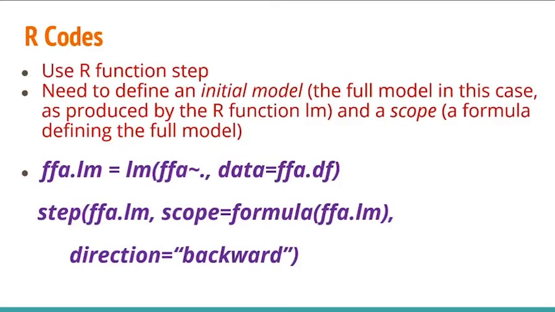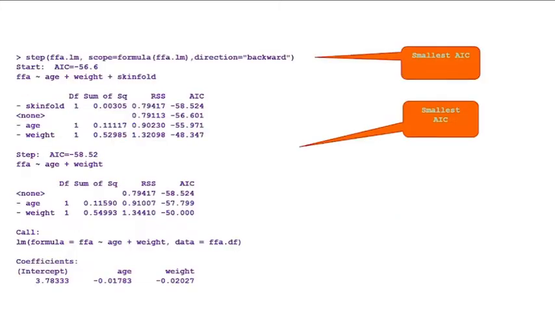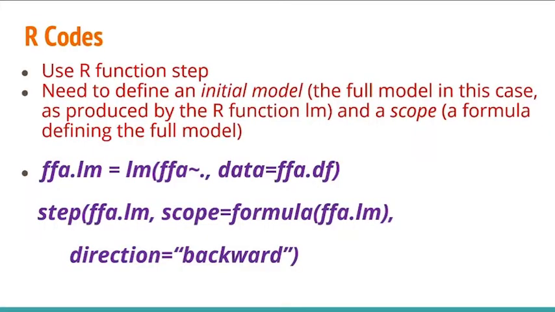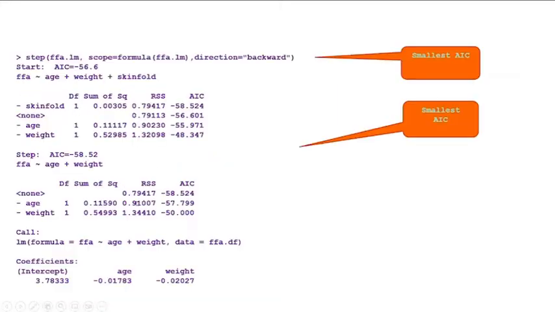Further example, let's take a look at this. Somebody is looking at the effect of weight, age, and skin fold on fatty acid. The fatty acid is actually the response here. Using backward elimination, this is what we have, and the final model selected is this one here.